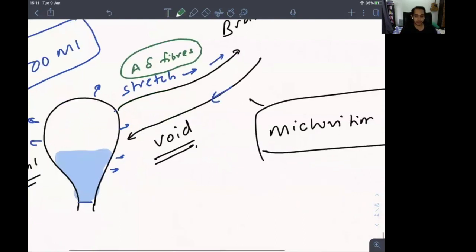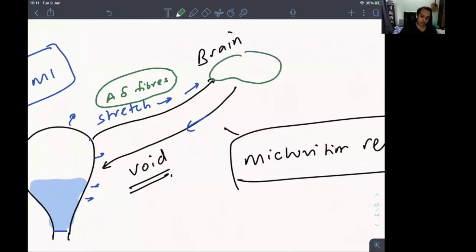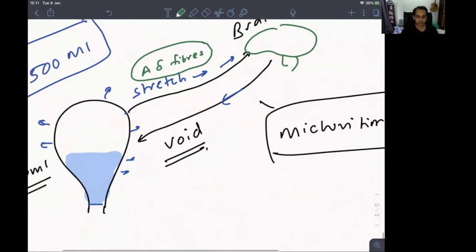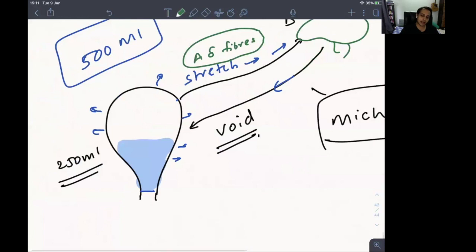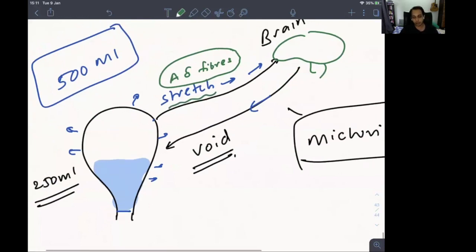This much is simple. We will discuss what happens in the brain later, but first let us just understand what happens in the bladder. So when the urine gets filled up, say around 200 to 250 ml, the A delta fibers will carry the stretch sensation up to the brain.